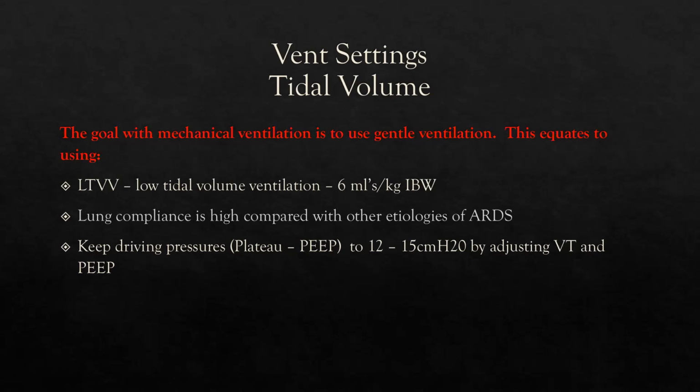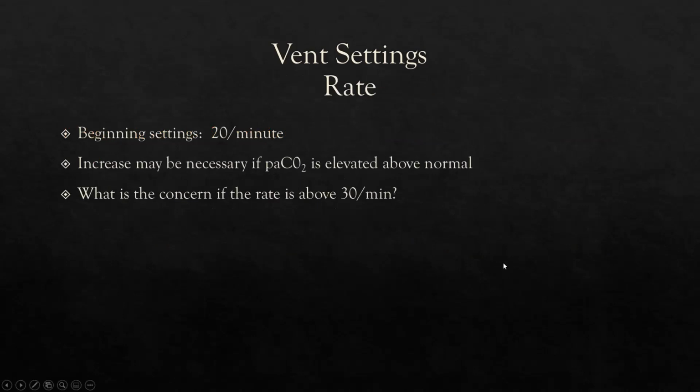If you're turning down the set tidal volume, what's going to happen to the CO2 in the blood? And how could you fix that? Yep, good job. So you start with a faster rate. We said 12 to 20 is normal. You would start with a rate of 20 per minute.